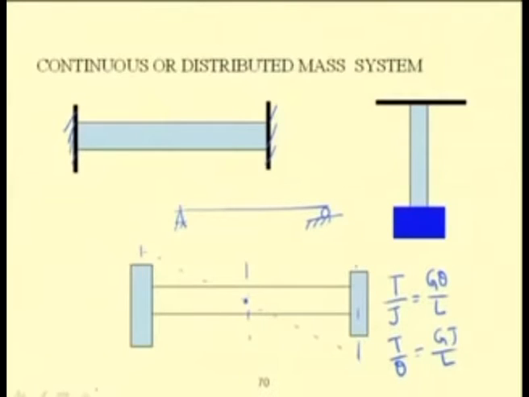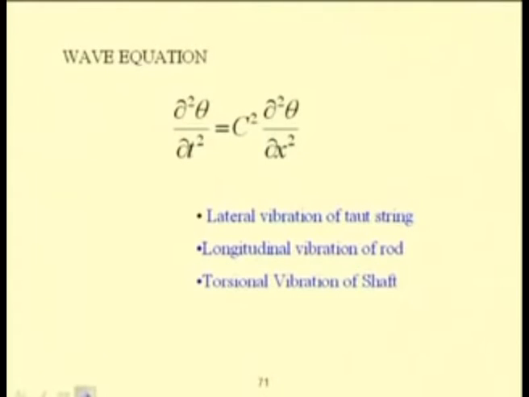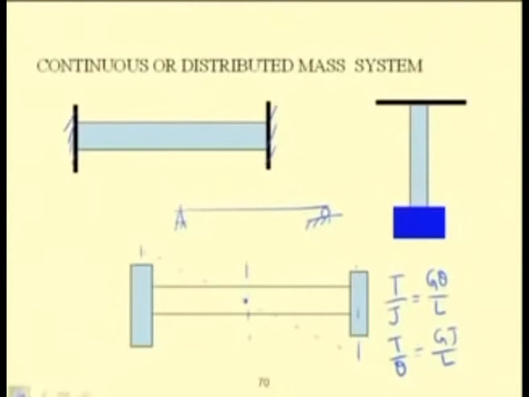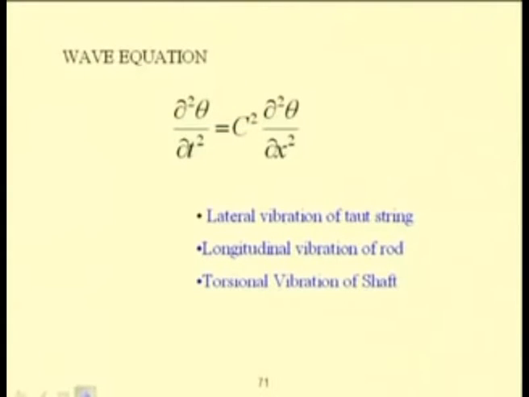One can write the equation of motion of the longitudinal vibration of a rod, the torsional vibration of a shaft, or the lateral vibration of a taut string by using the wave equation.